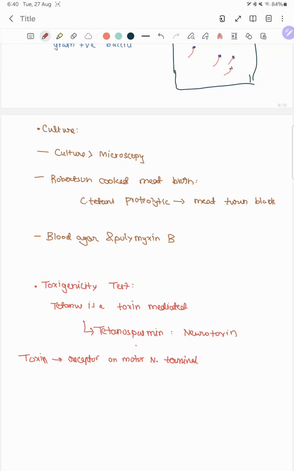Once it enters, it gets transported to the GABA inhibitory neuron terminal. So this prevents the presynaptic release of the inhibitory neurotransmitters glycine and GABA, which will cause muscle spasms.